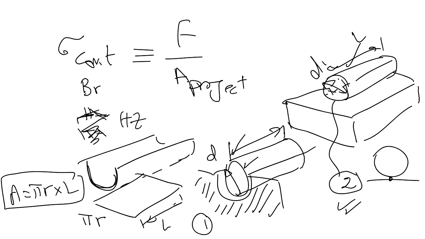Now take the area, which is 0, and plug it into the equation. Then your denominator will become 0, right? And if your denominator becomes 0, this means that your contact stress is infinity. Infinite stress.